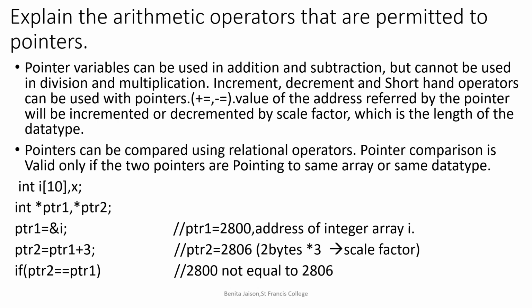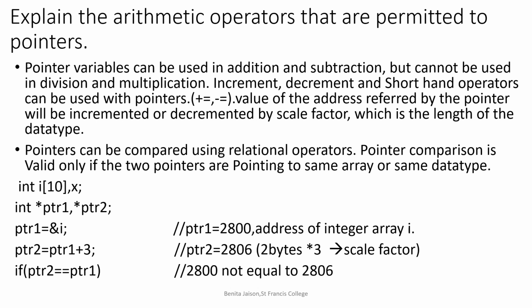Suppose in this example there is an integer array called I, and there are two integer pointers, ptr1 and ptr2. ptr1 is given the starting address of the integer array I, and then ptr2 is assigned an address which is incremented by 3. As the scale factor of an integer is 2 bytes, it will be incremented by 6 bytes.